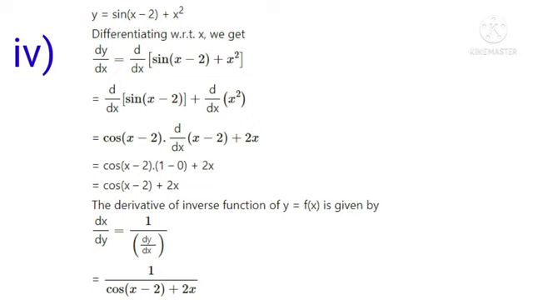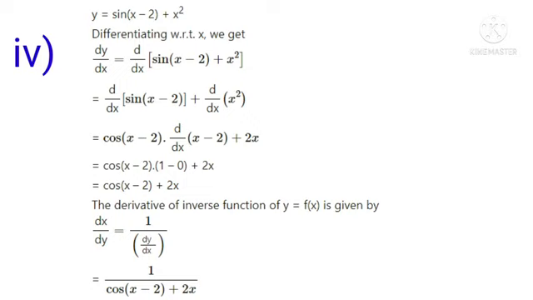On the left hand side we get dy by dx is equal to d by dx of sine of x minus 2 plus x square. So students, give derivative to each term. So the next step is d by dx of sine of x minus 2 plus d by dx of x square.